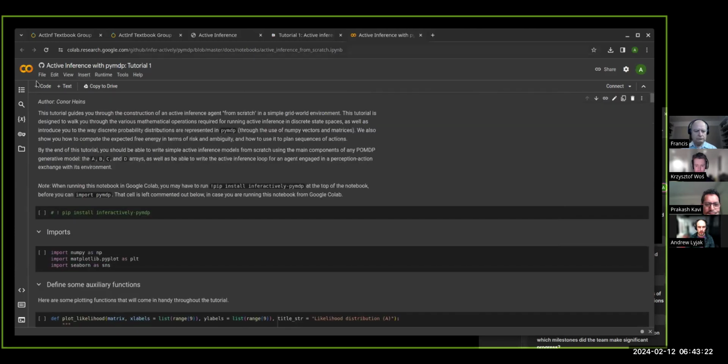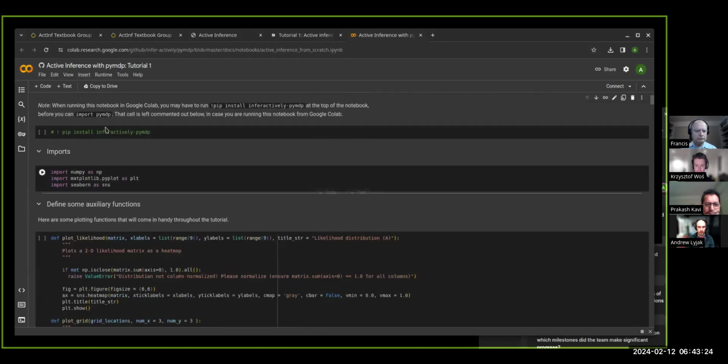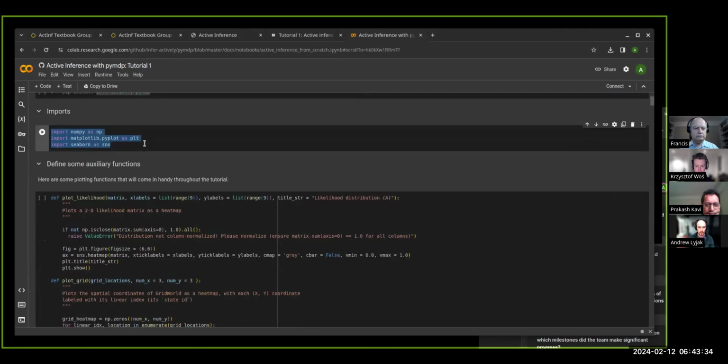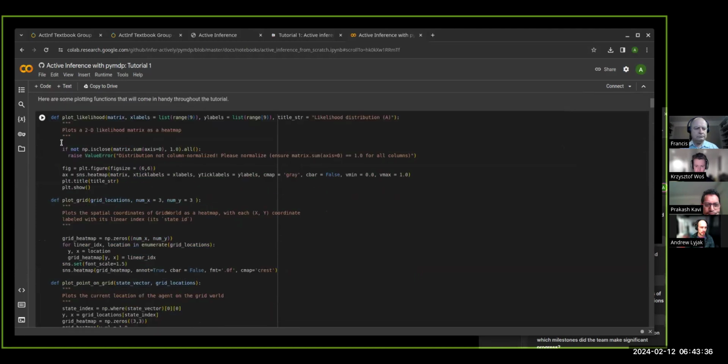And you can copy the code. This package that they have written is called PyMDP. And it also is bringing in just a few math packages.